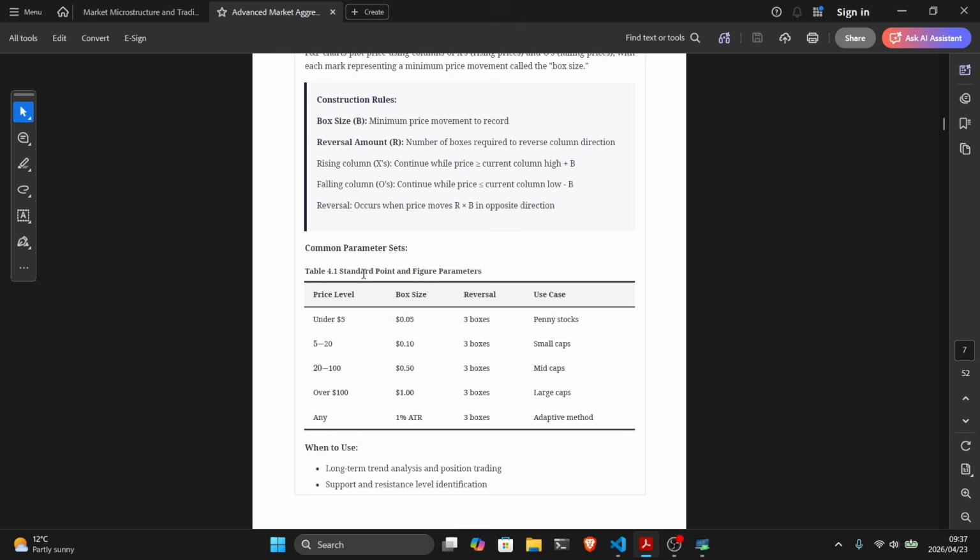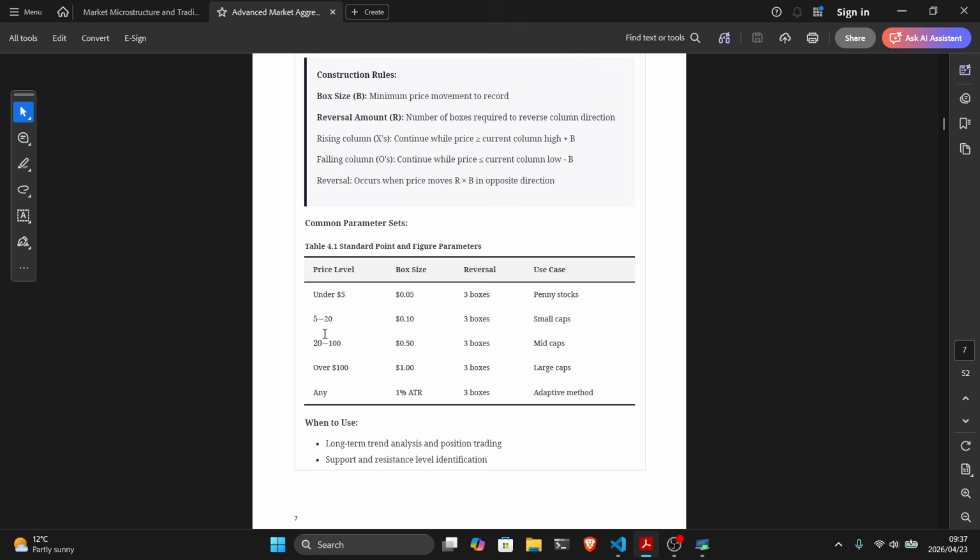Now, here are some common parameter settings. Table 4.1 shows that if the asset you're aggregating has a price level under $5, you're better off using a box size of 0.05 and a reversal number of 3 boxes, and you're most likely better off using that aggregation on a penny stock.